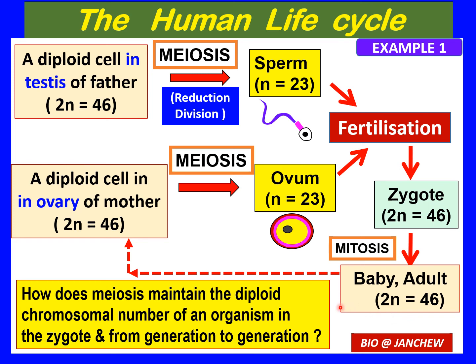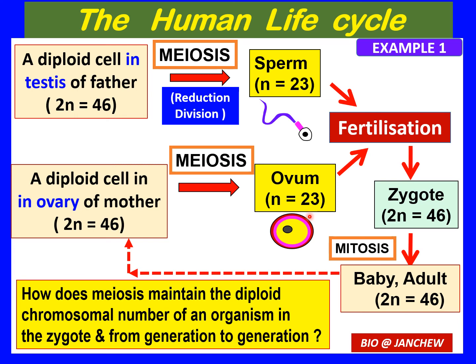The cells of the child will undergo mitosis to produce more and more cells for growth, and so the size of the offspring will continue to grow until he or she becomes an adult, through the process of mitosis. Now let's say that in the production of gametes, in this part, let's say that mitosis is used to produce the sperm and the ovum.